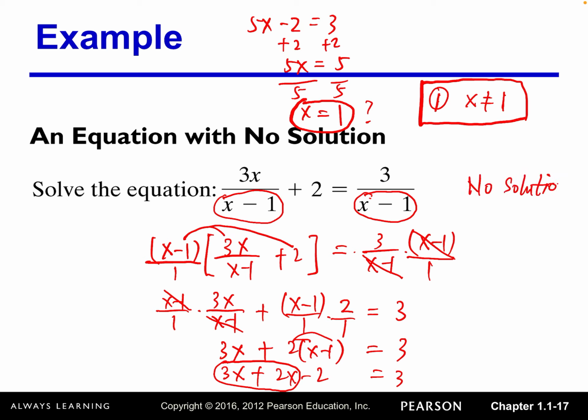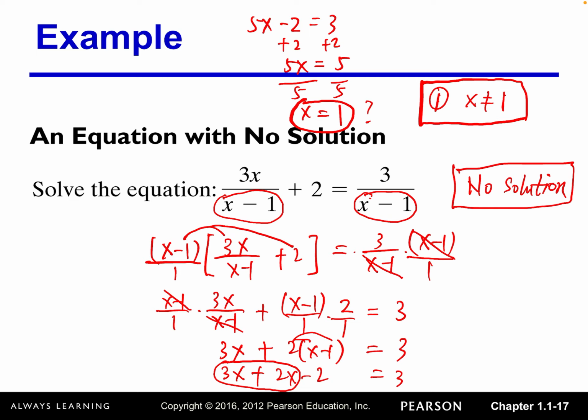Okay, that's perfectly fine, when there's no solution for a particular equation. That's quite normal. Sometimes you'll find one solution, sometimes you'll find many solutions, sometimes you'll find no solution. Okay? So this is the example we mentioned earlier. You have to list all the restrictions first.